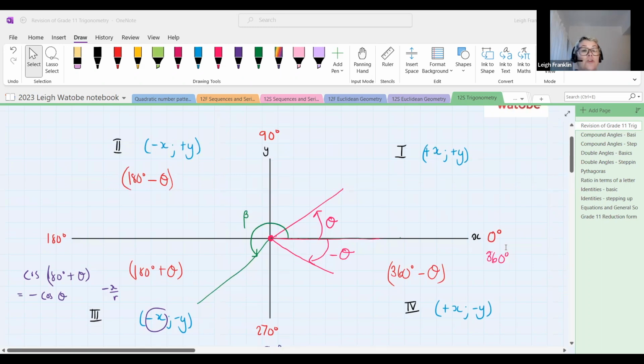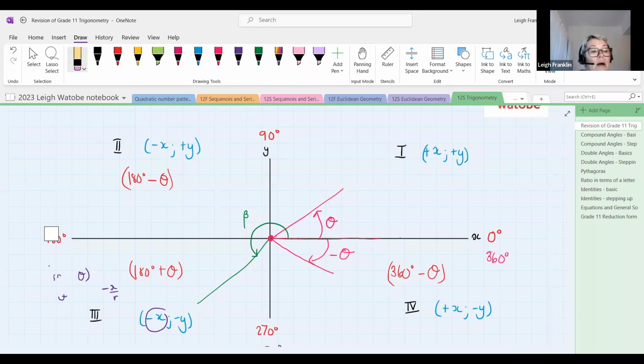All right. So let's just go back here and talk about these reduction formulae. We're working with sine, cos, and tan of an angle. If we are working with the sine of 180 minus theta, the sine of any angle is y over r.